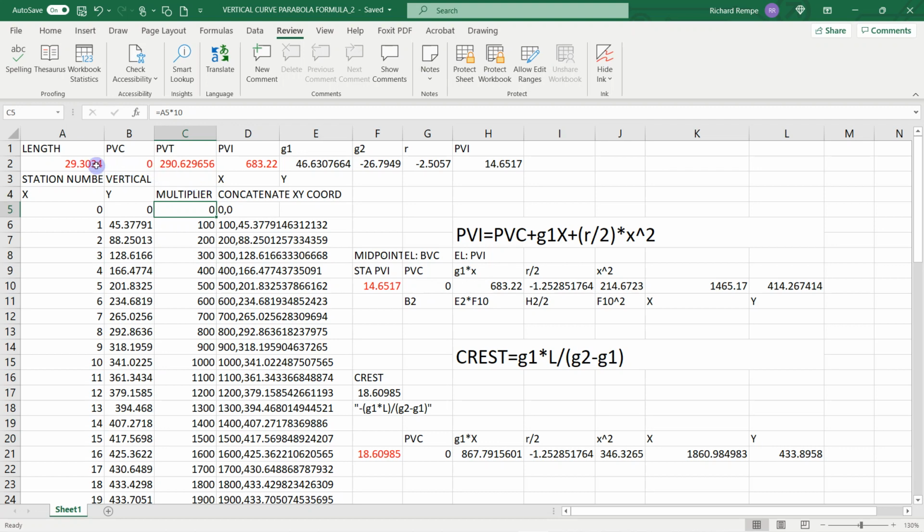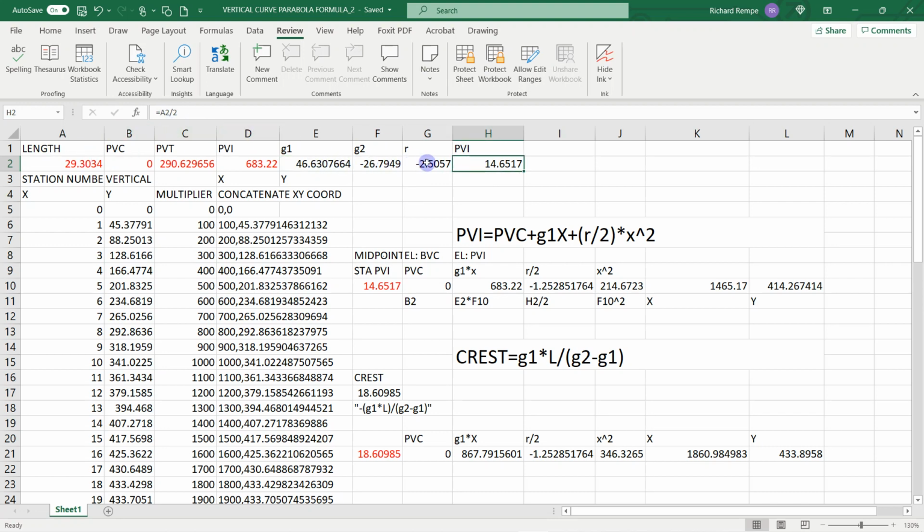What we've got is this, and this. So with this information, we can get the slope of G1, which is D2, the elevation of the point of vertical intersection, divided by H2, which in this case is half the length. So you click on this, it's just A2 divided by 2.